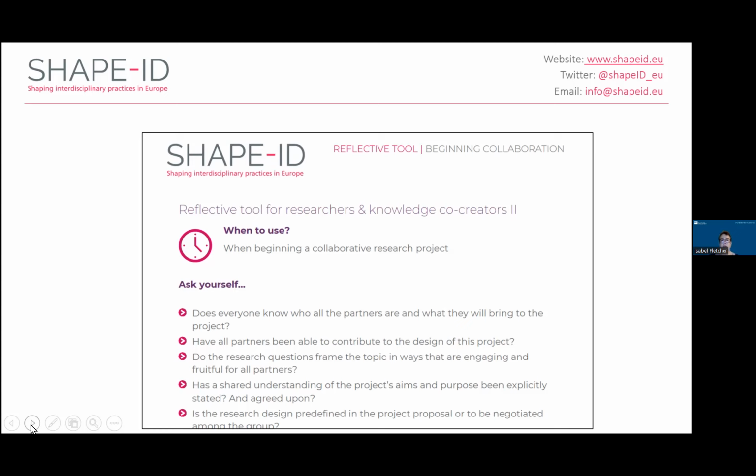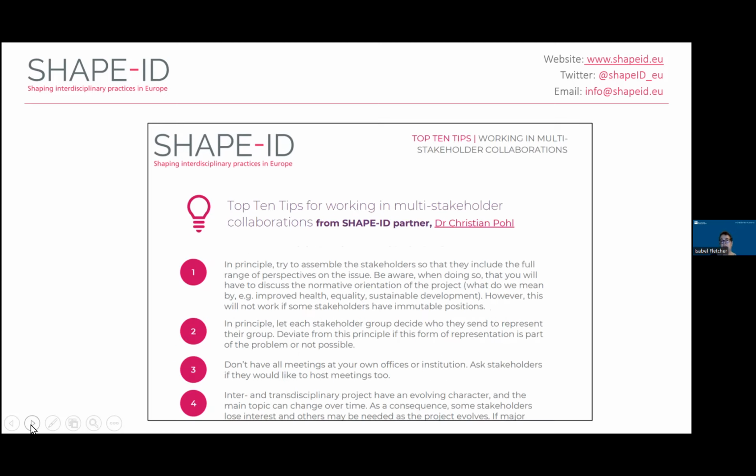And a final resource I want to talk about from the toolkit comes from another goal, which is developing collaborative conditions. This is written by Christian Paul, who's at ETH, who's a leading expert on transdisciplinary research and sustainability in Europe.